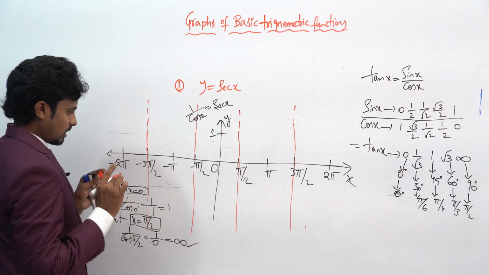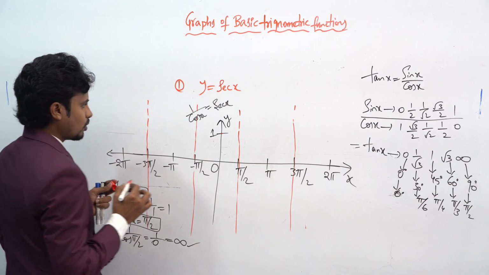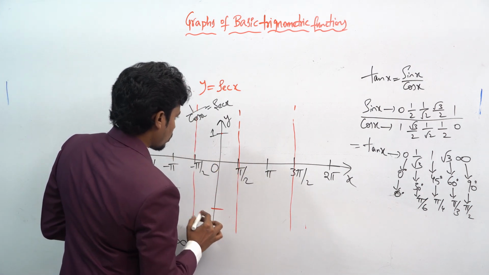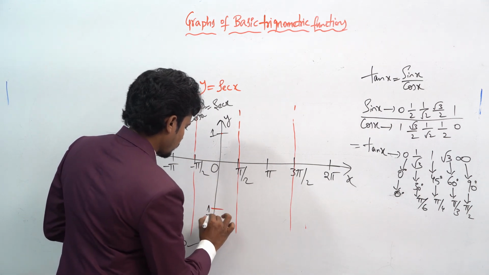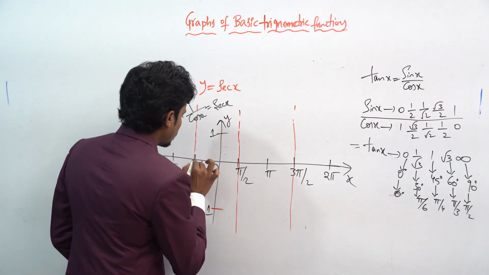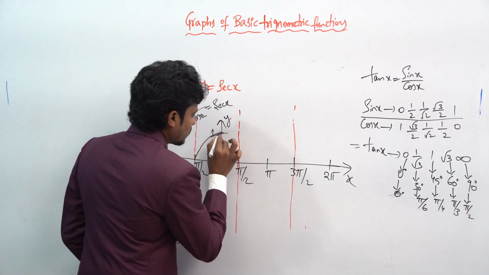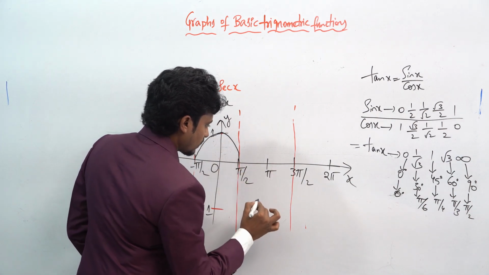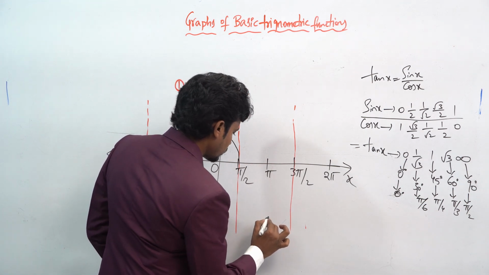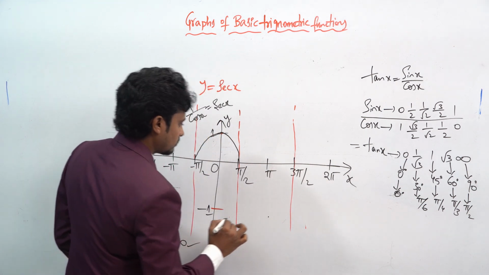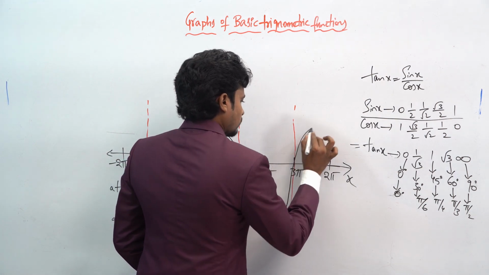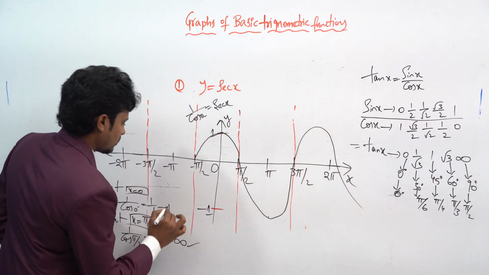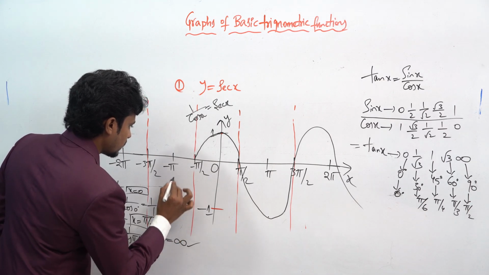Next, you have to take the cos plot first. We already know this was the plot for the cos. At pi this will become -1.